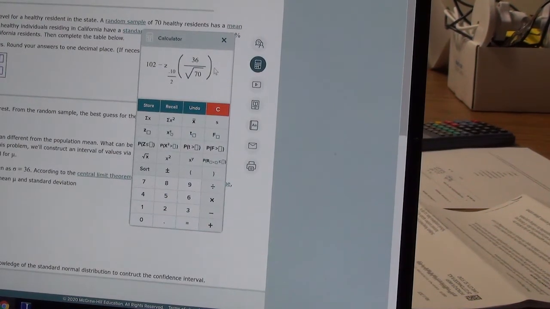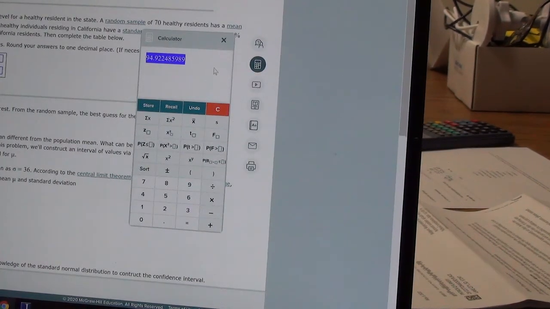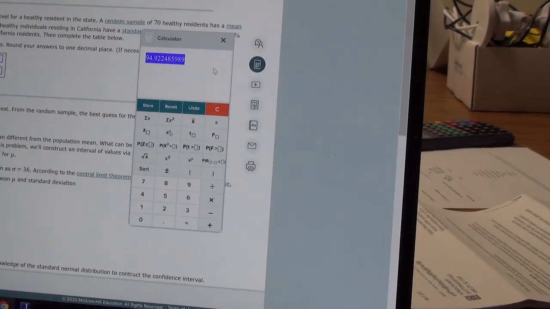So it's going to look like that on your calculator. 102 minus Z sub, 10% divided by 2 times 36 over the square root of 70. If I enter, I get 94.922. I'm rounding to 1 decimal place, so 94.9 is where I would have that.